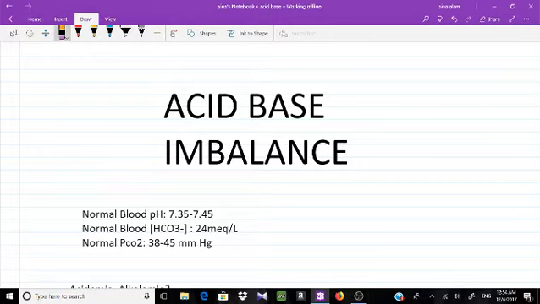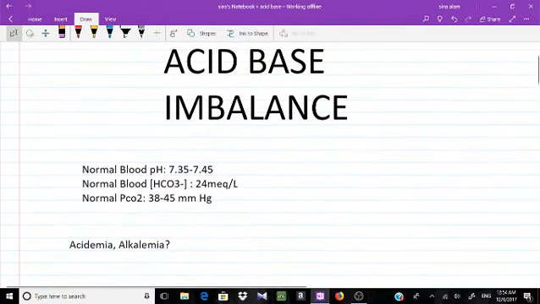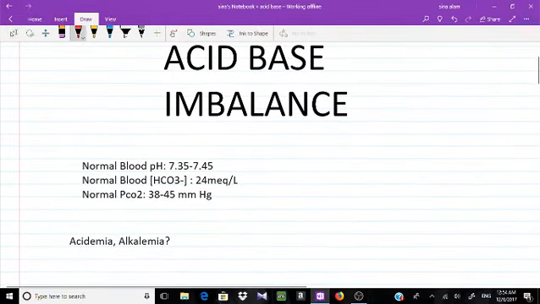Okay, so let's start. Here you can see the normal blood pH. It differs, but as a range you can take it as accurate from 7.35 to 7.45. I hope you know what pH is. pH describes on a scale how much hydrogen ion we have in our body.